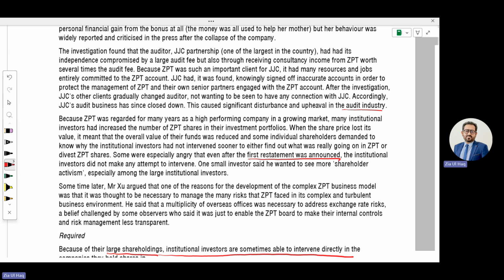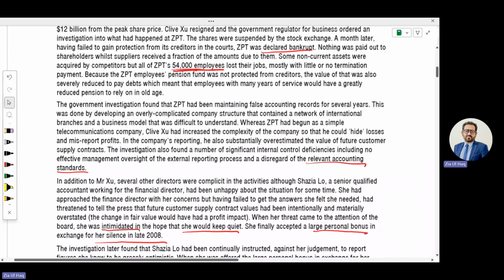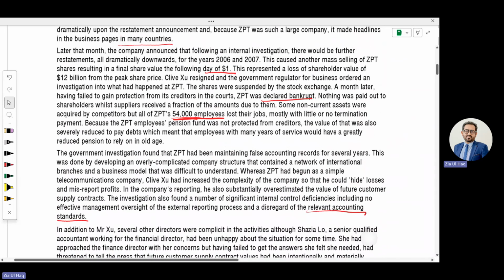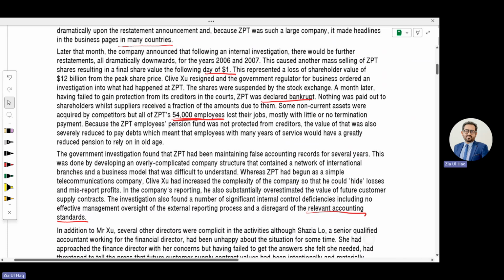Because if they had intervened after the first result announcement, they could have put the company into a stable position. The worst position arises when the company announced a second restatement relating to the previous year.